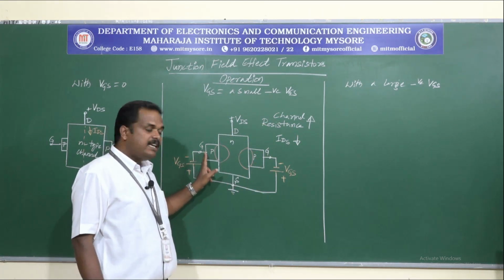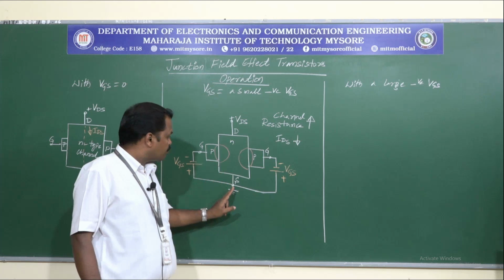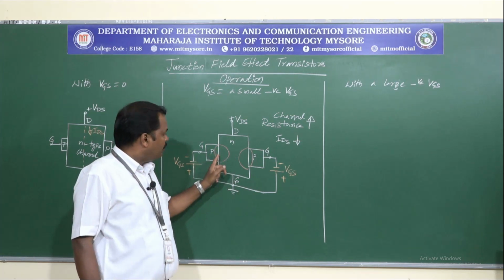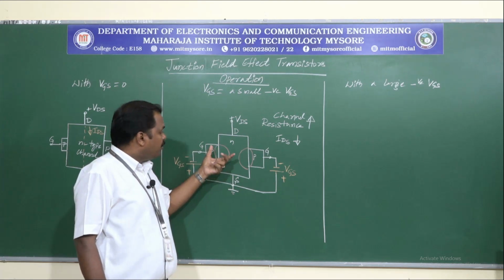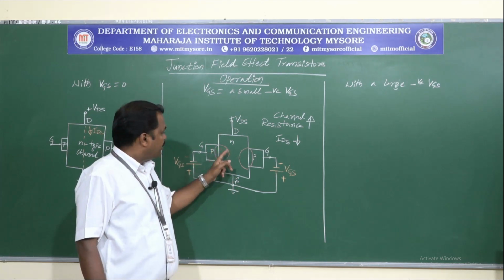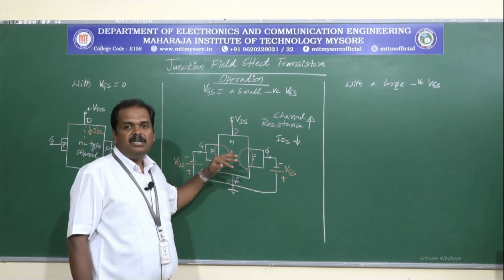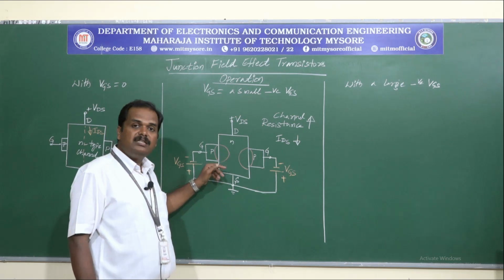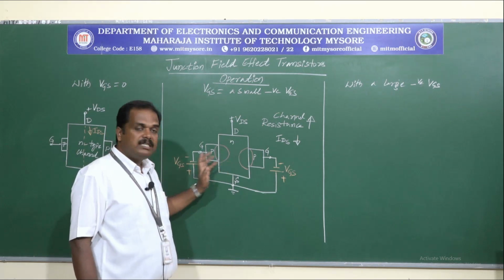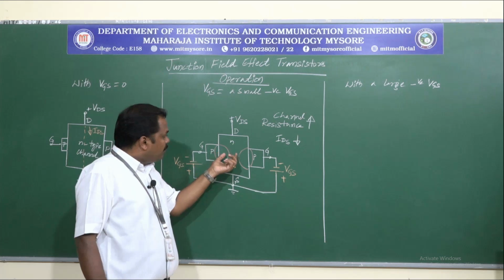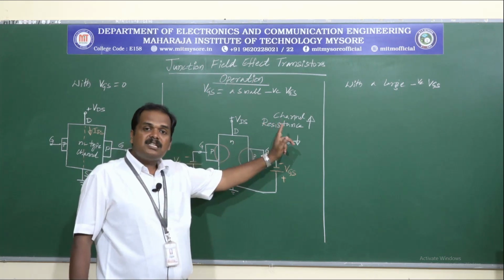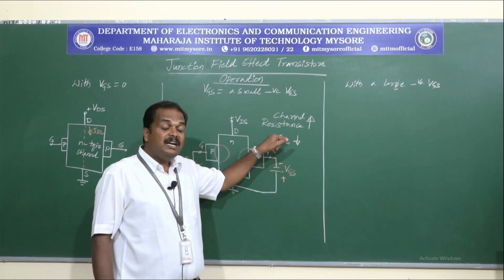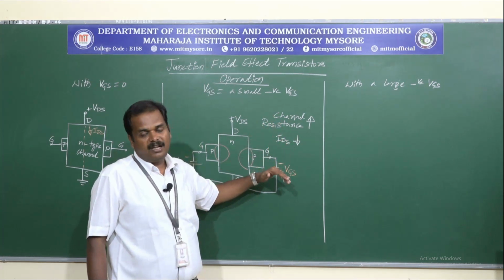Because the gate has got a negative voltage with respect to source, this has caused a reverse biased condition on the PN junctions, and because of this there is a depletion region developed across the junctions, and this depletion region is deeply penetrated towards the N channel region, and because of this the channel resistance has been increased. Because the channel resistance has been increased, the drain to source current has been reduced.